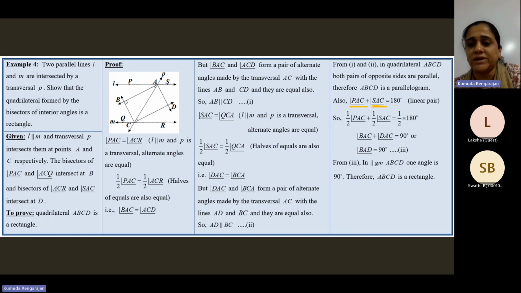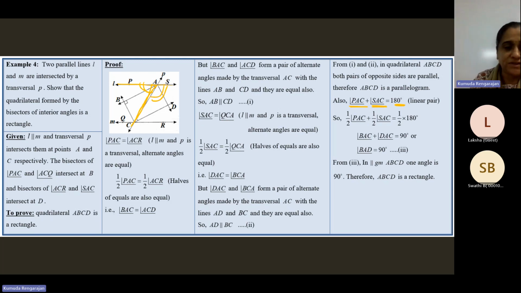See here, PAC plus SAC is 180, because it's a straight line. So half of PAC plus half of SAC is equal to 180. Now divide both the sides by 2.